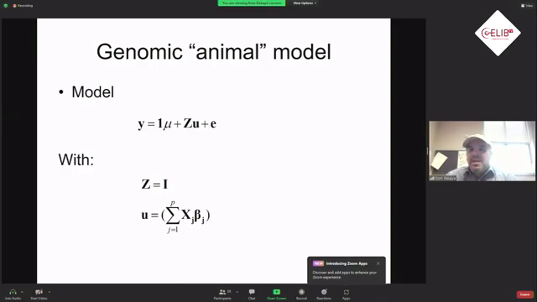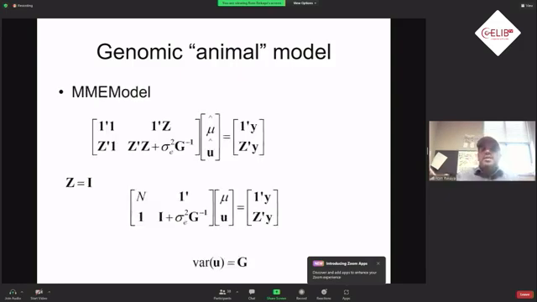So basically here I'm directly trying to put all the effects of all the SNPs weighed by their genotype into one quantity, and I call it the genomic breeding value of that animal, u. So based on this, I can go ahead and solve the classical mixed model equations.